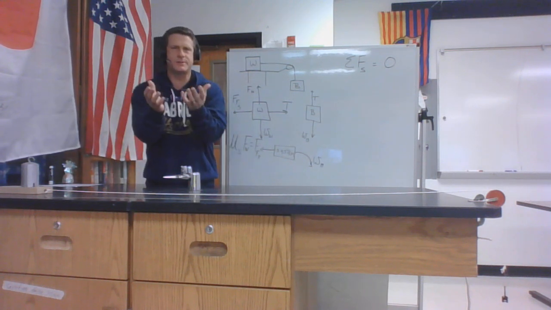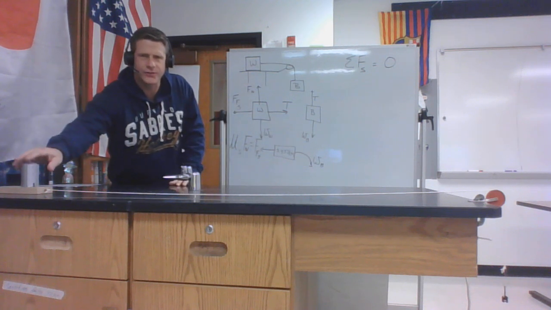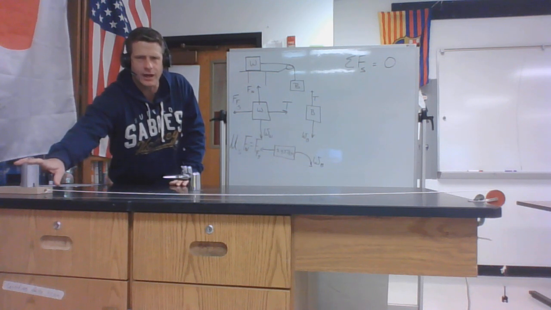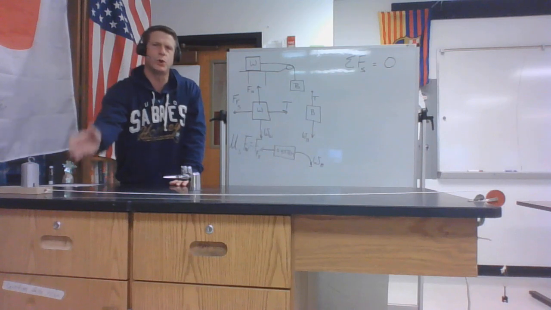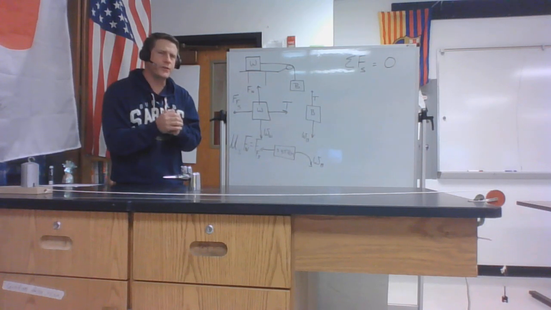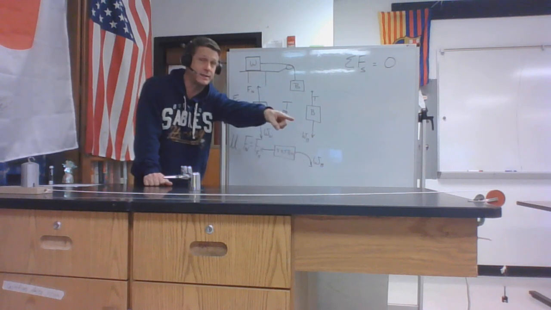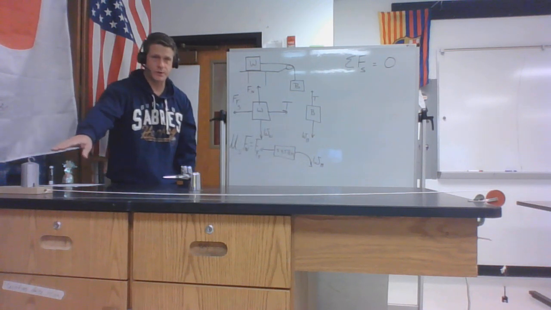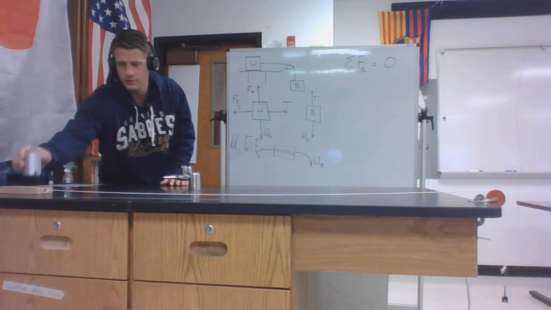Now, it seems a little weird, right? I add this thing on top of the block, so technically I've increased the normal force acting on the block. Well, the only way for this to be in equilibrium is for that weight and this friction force to be equal to each other.